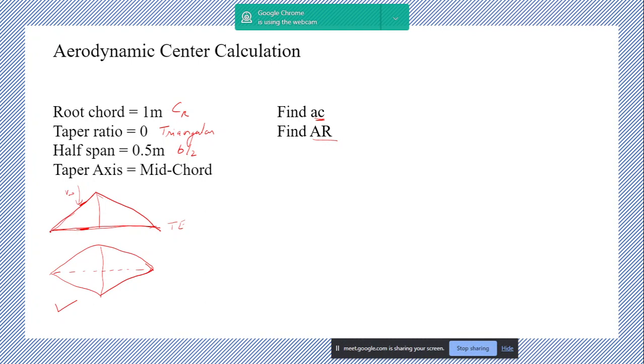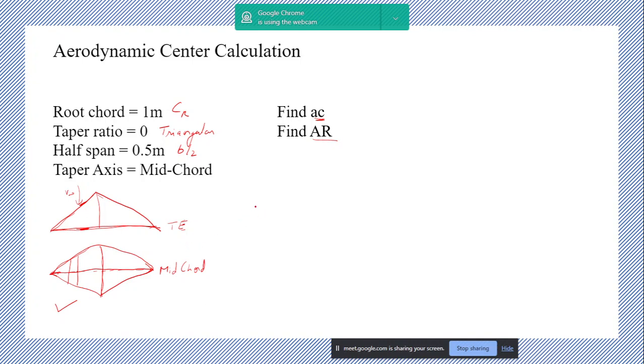Since it's tapering to the trailing edge, the taper axis is the trailing edge. Now since this is tapering to the mid chord, for each chord line the midpoint is here, right? So this is the mid chord line. Since the taper is happening towards the mid chord line, the taper axis is mid chord.